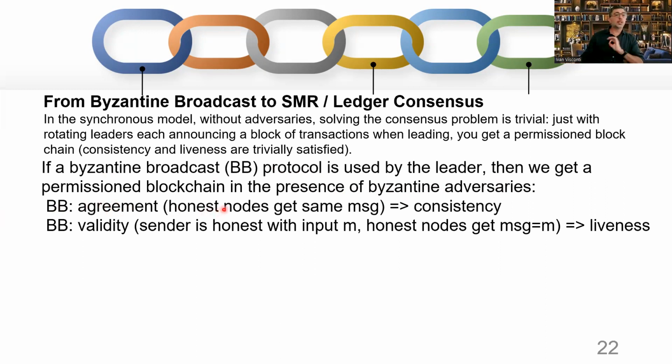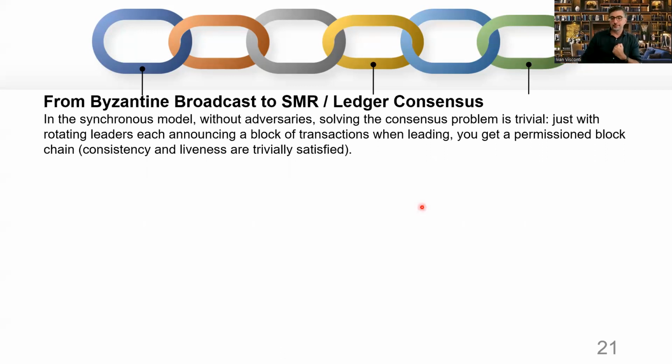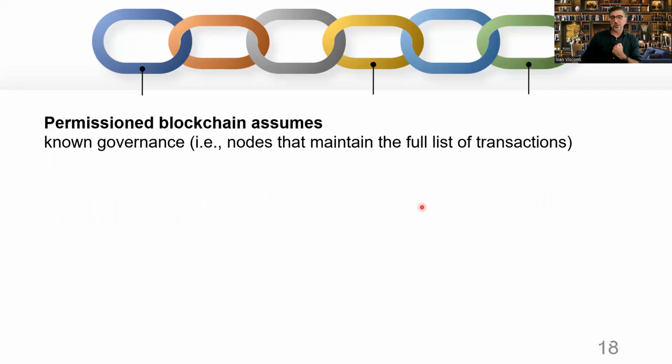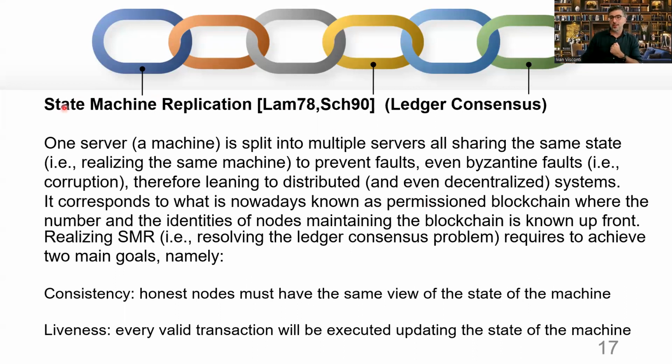This property will help us in having consistency of our state machine, right? I remind you that we want to build this decentralized computer, state machine replication, ledger consensus. This is our target. And we need to achieve these two properties, consistency and liveness, okay?